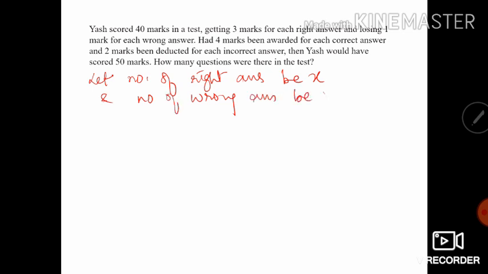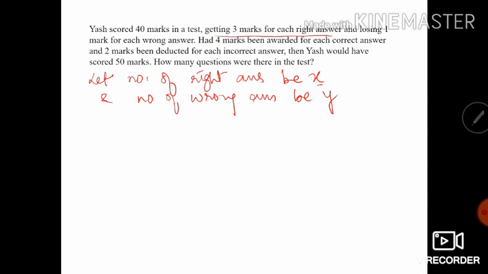So the total number of questions in the paper is x plus y. According to the first condition, if 3 marks are given for each right answer, the number of right answers are x.